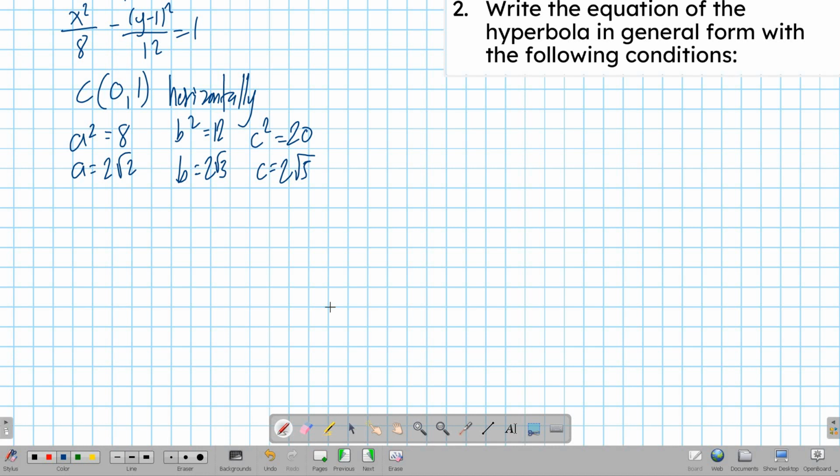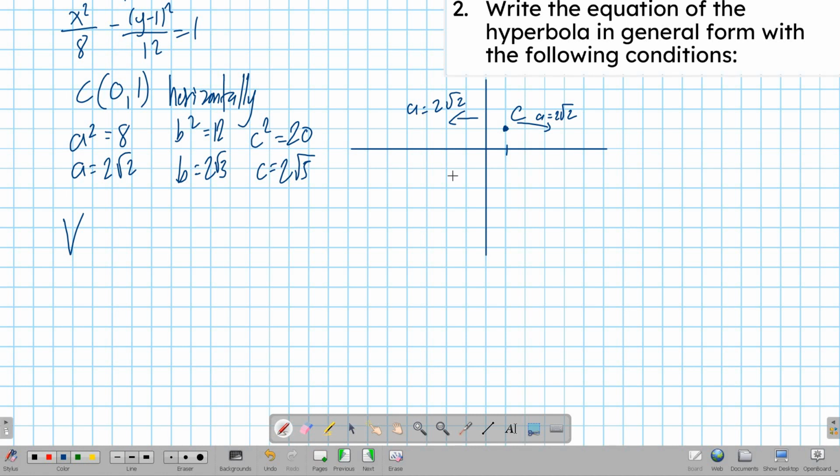But still, we can try to somehow visualize using a Cartesian plane how the parts are. Now, the center is at 0, 1 here. Since this is horizontal, therefore, to find the vertices, we still need to move 2 square root of 2 units to the right, and 2 square root of 2 units to the left.